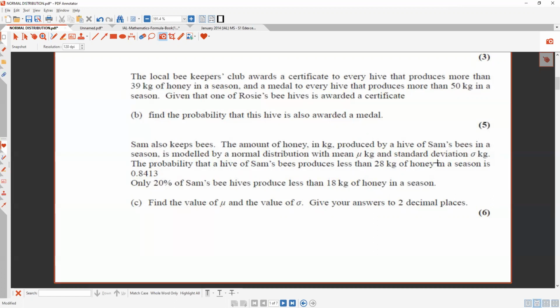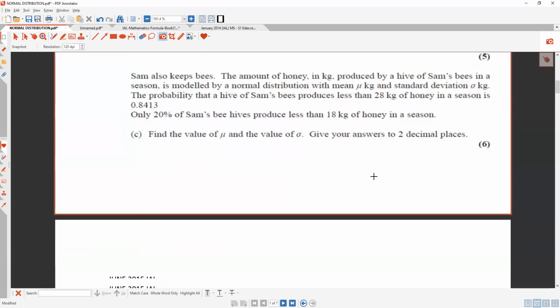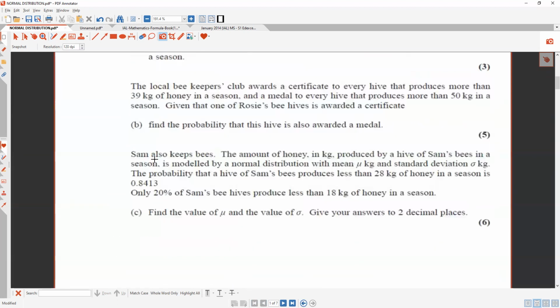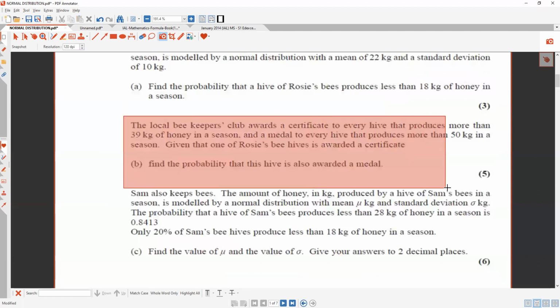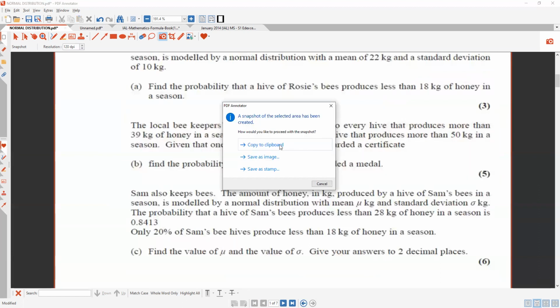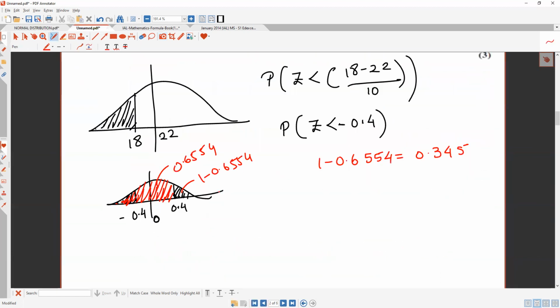Given that one of Rosie's beehives is awarded a certificate. Okay, so they said given that. You guys should remember all this from the given probability chapter I taught you. Let me show you that in detail.